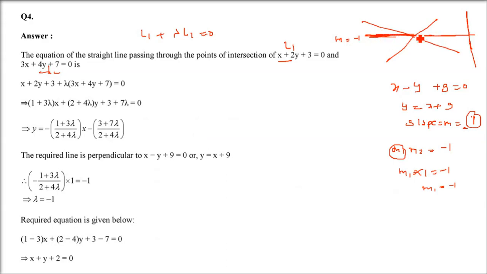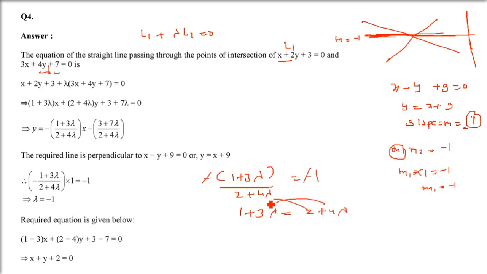So just put it as minus 1, because this line we have found out, the slope was 1. The slope of the line perpendicular is minus 1. So just put it here. The slope is minus 1 plus 3 lambda by 2 plus 4 lambda. The slope is minus 1. Just put it here. And what you get, 1 plus 3 lambda equals 2 plus 4 lambda.